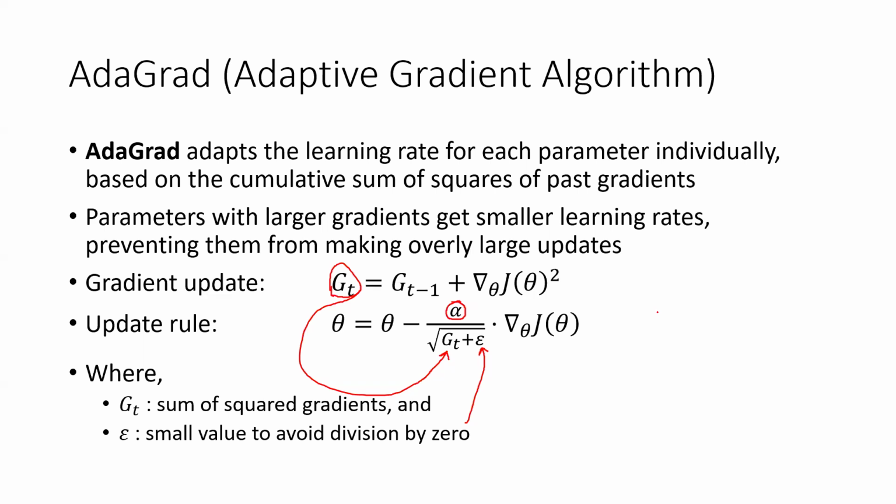So for different parameters, different effective learning rates. If this is the real learning rate, this would be the effective learning rate for that particular theta update, right? So this effective learning rate would be much lower when the gradient is getting higher, right? So that is the AdaGrad optimization algorithm.